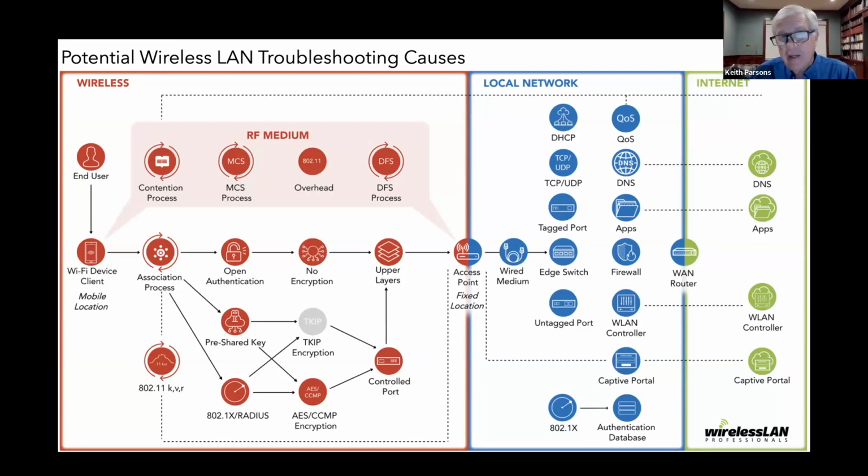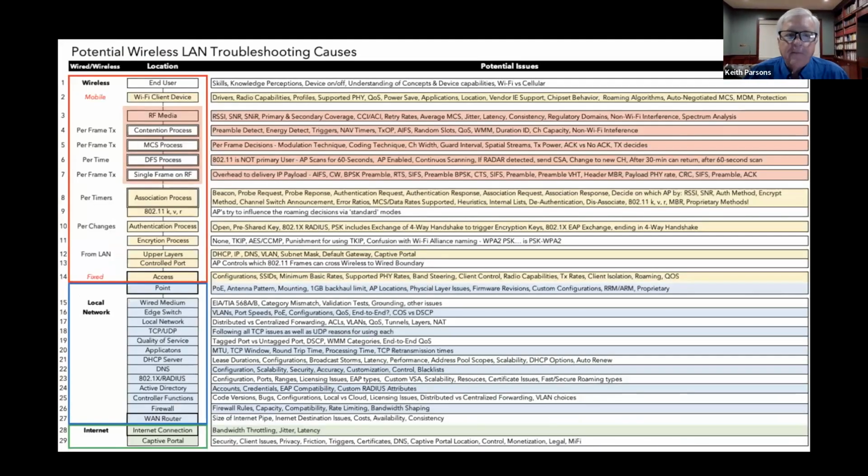There are DFS equations going on, and that's per frame, per transmitter. And then the bottom part is how do I join an AP and all the issues that happen with that. So yes, Wi-Fi is complex, and when we go to troubleshoot it, we need to have a format or a structure to look at it.